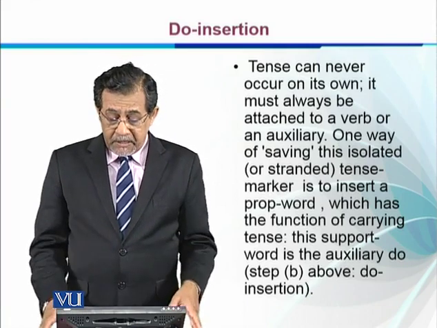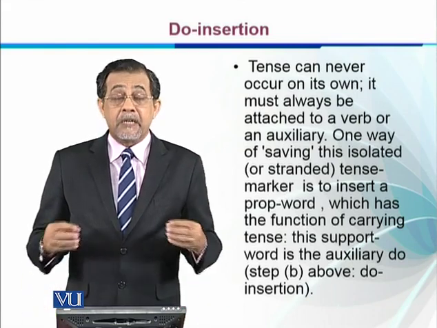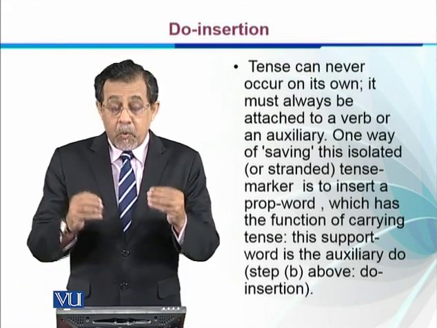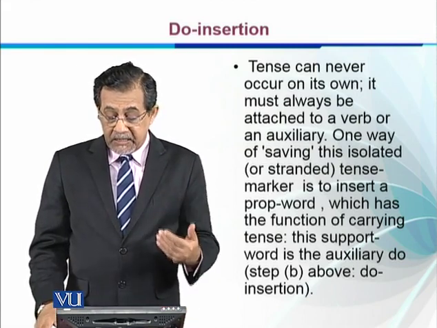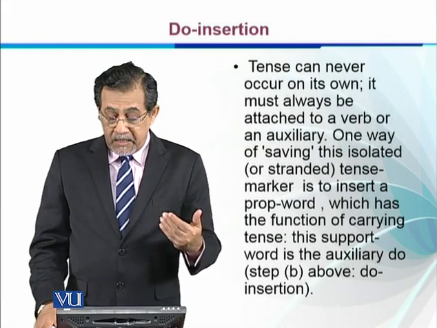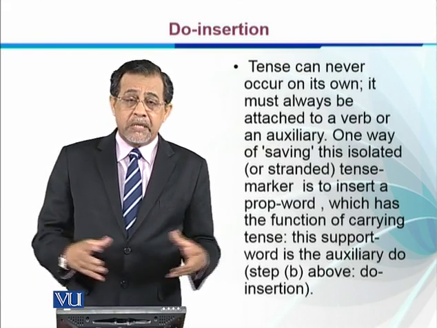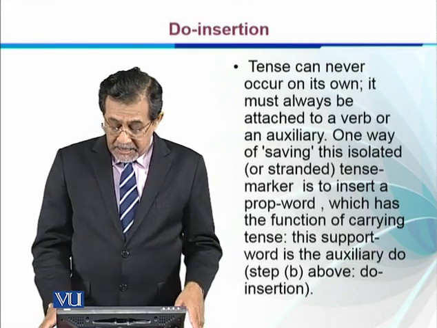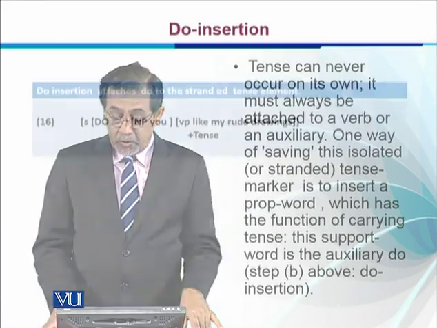So one way of saving this isolated or stranded tense marker is to insert a prop word, right, which has the function of carrying tense. This support word is the auxiliary do. So we also call it a support word, as we have seen. So we simply insert do into it.